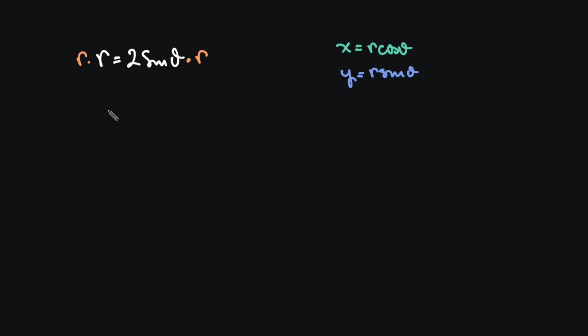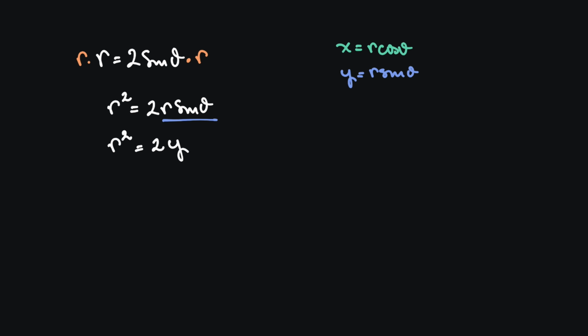So r times r is r squared. So this will be equal to 2 times r sine of theta. I'm just reorganizing the information. All right, so we know that r sine of theta is equal to y, so we can substitute that, so we have r squared is equal to 2 times y, right?